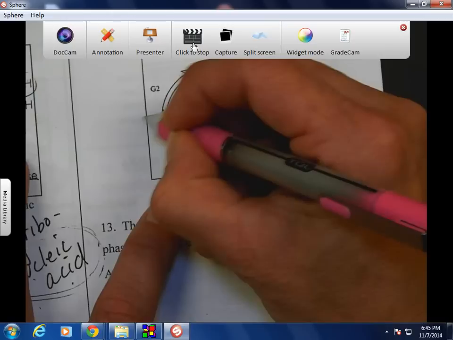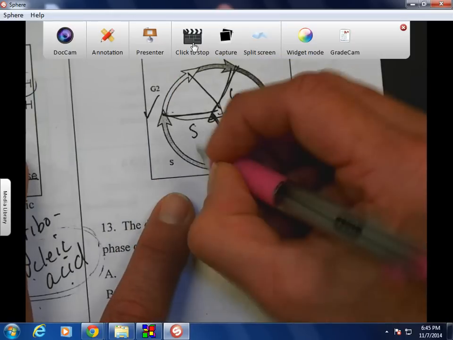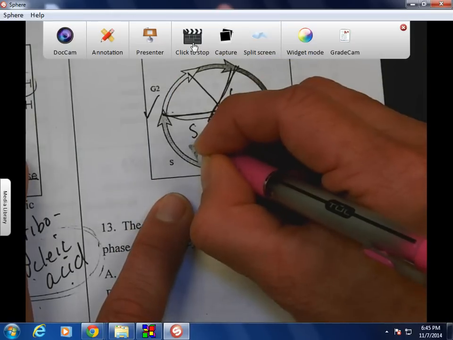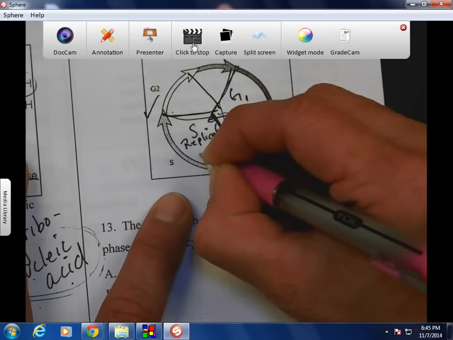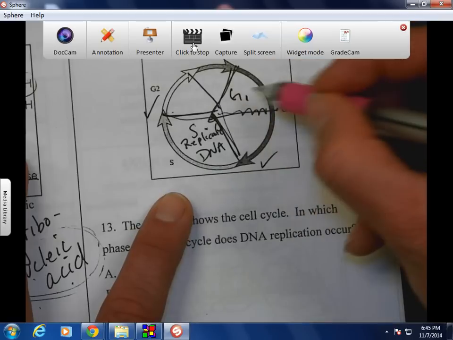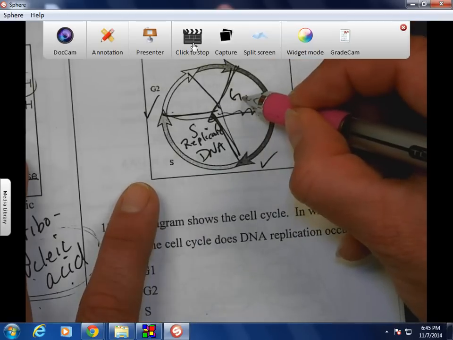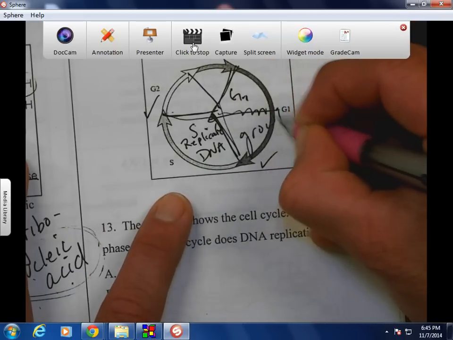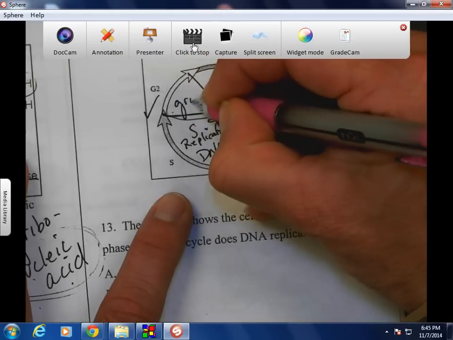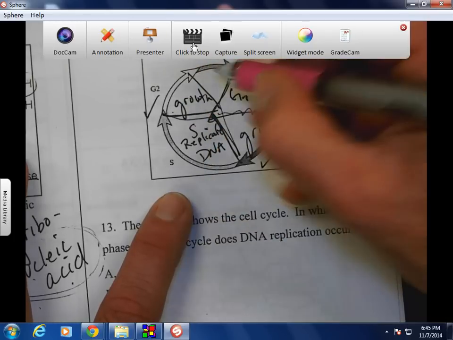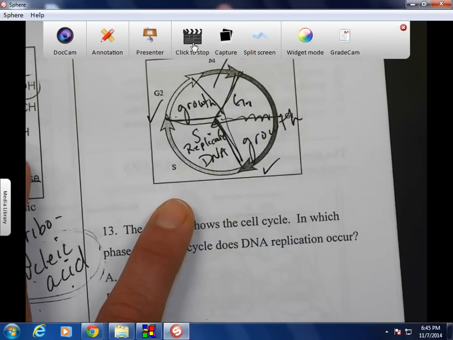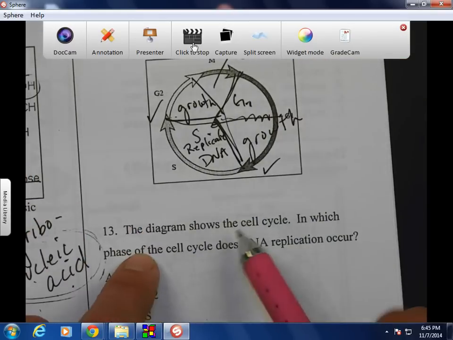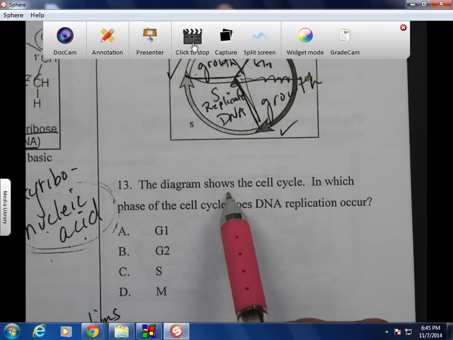I know there's a checkpoint after S. This S replicates DNA. So G1, this is for growth. G2, this is for growth. Mitosis is where the cell is going to split into two.